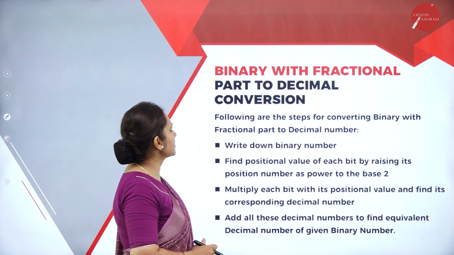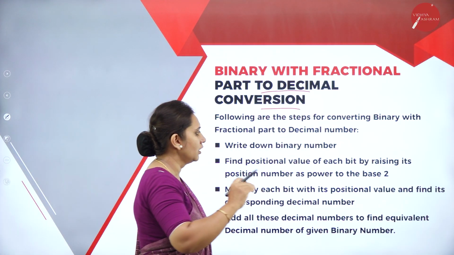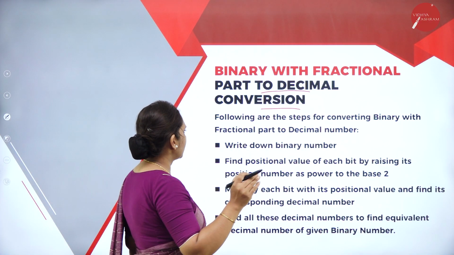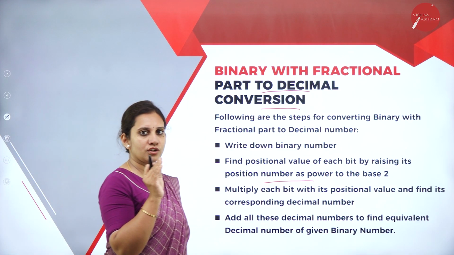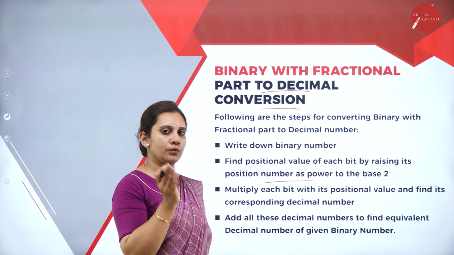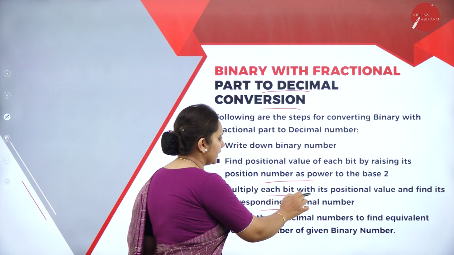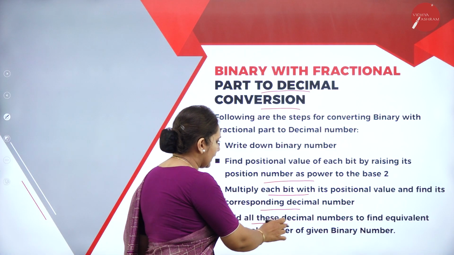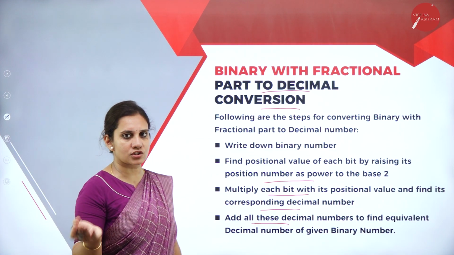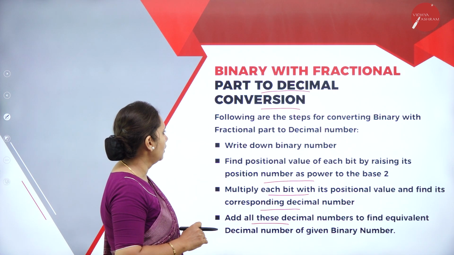Next, let us understand binary with the fractional part to decimal conversion, how it takes place. That is just raising each position number as a power of the base, as we did in our previous conversions. So for the corresponding decimal number, each bit with its positional value, and again add everything with the fractional part also to get the equivalent decimal number.